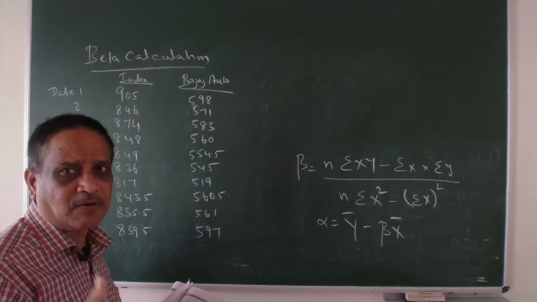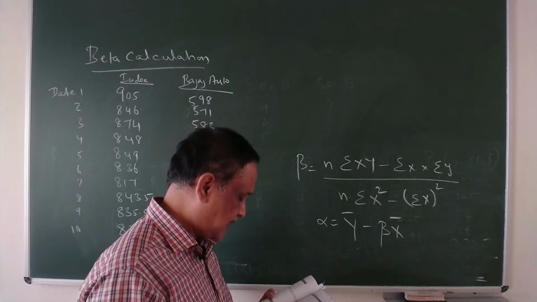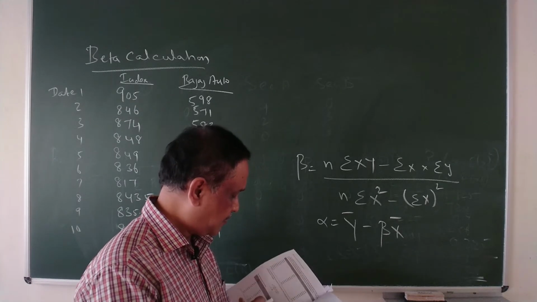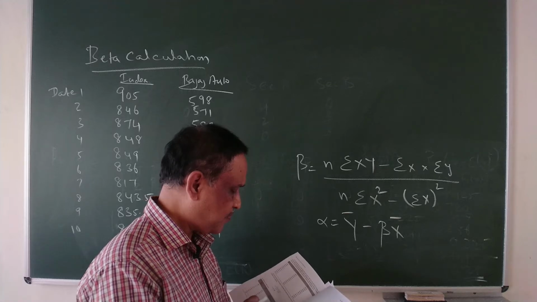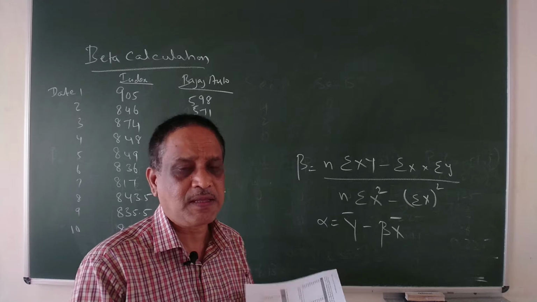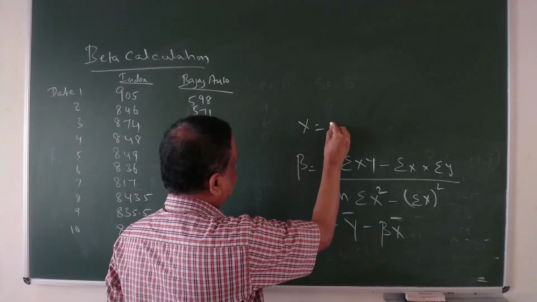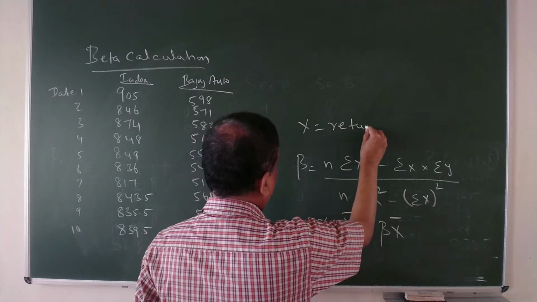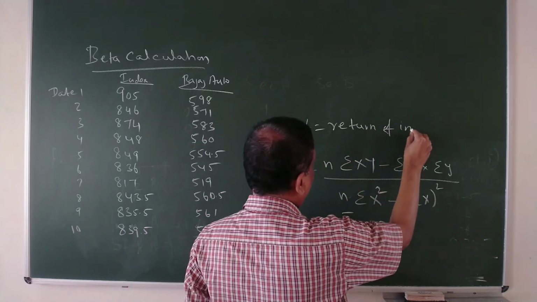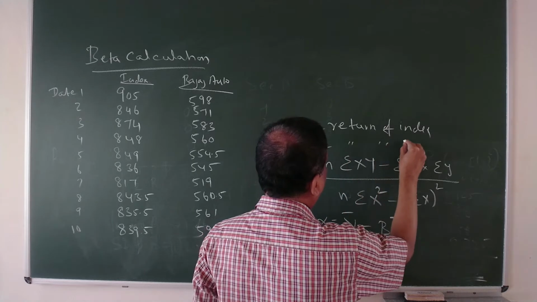That is what x and y mean here. So x is the return of index, y is the return of the stock. X is return of index, y is return of share.